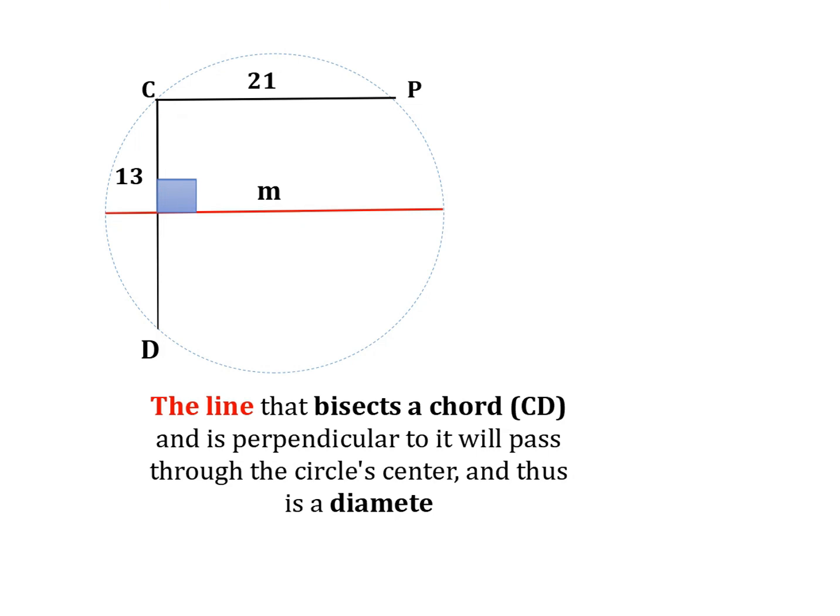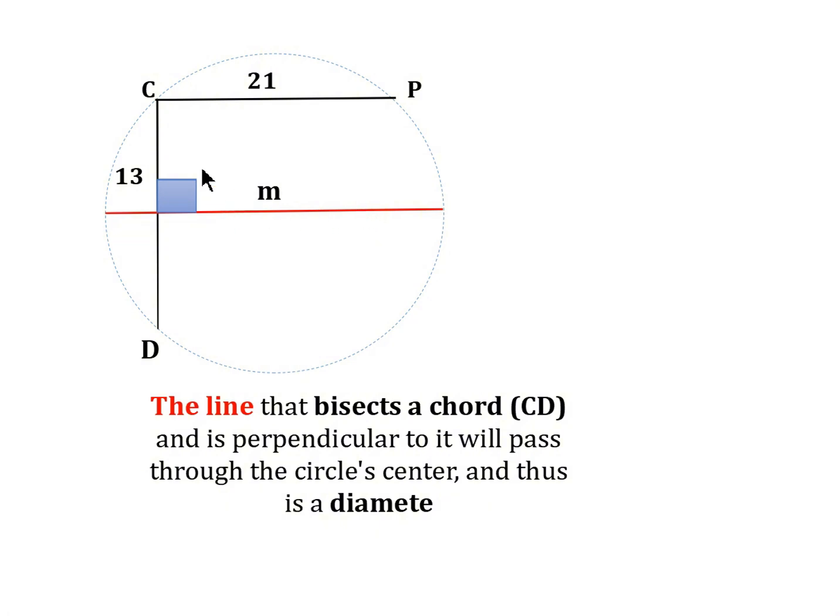It means when it is passing through, obviously it is passing through the center. When it is passing through the center, obviously this is the diameter. All chords are not diameters, but a diameter, of course, is also a chord, but it has to pass through the center. The chord which passes through the center is actually the diameter.